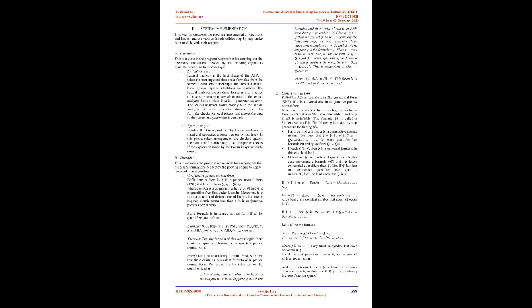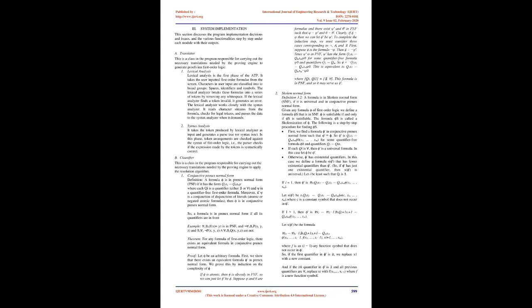Definition: a formula is in prenex normal form, PNF, if it has the form Q1x1 ... Qnxn φ, where each Qi is a quantifier, either ∀ or ∃, and φ is a quantifier-free first-order formula. Moreover, if φ is a conjunction of disjunctions of literals, atomic or negated atomic formulas, then the formula is in conjunctive prenex normal form.